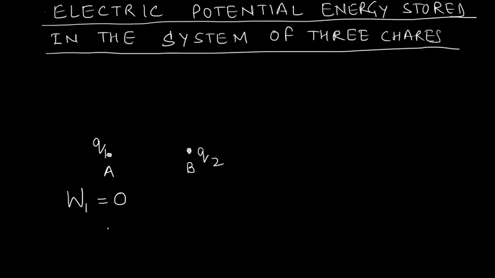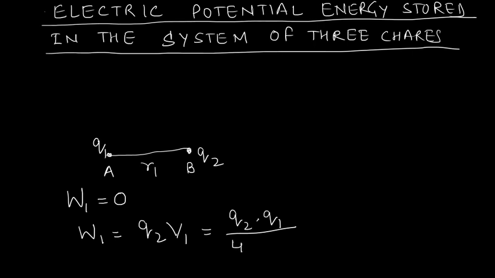The work done in bringing this charge is Q2 into V1, the potential at this point due to Q1. Suppose the distance between them is r1, you can write it as Q2 into Q1 upon 4 pi epsilon naught r1.